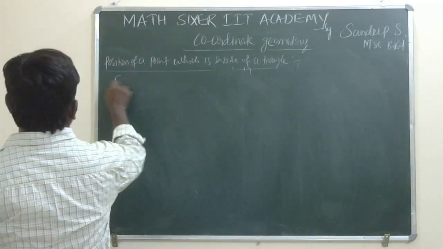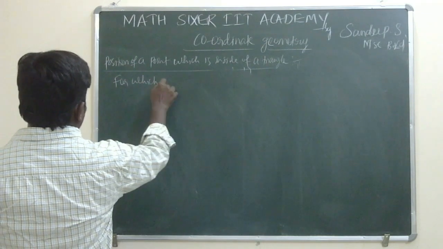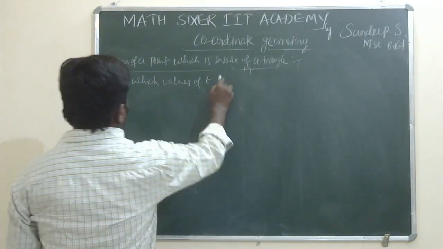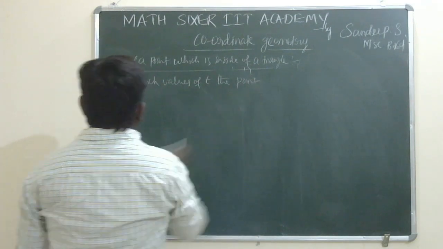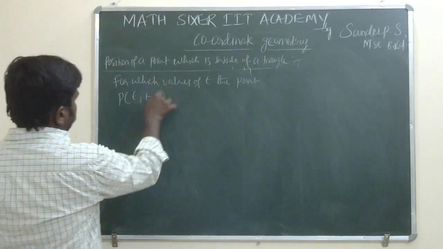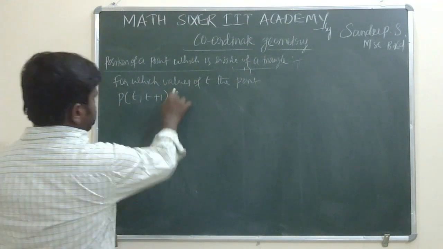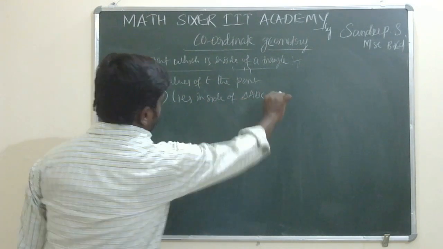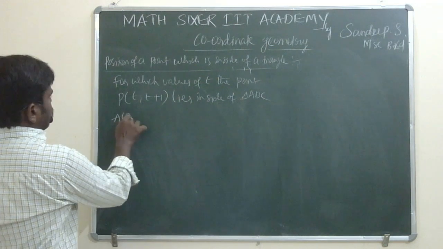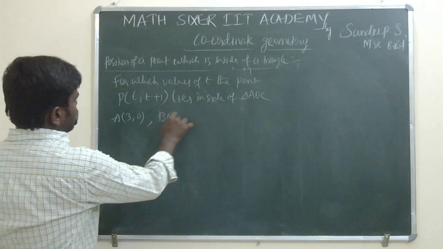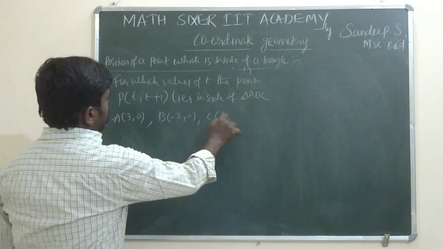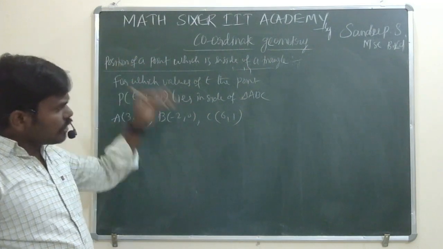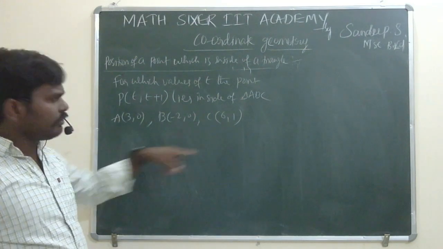For which values of t does the point P of t comma t plus 1 lie inside triangle ABC, where A is suppose 3 comma 0 and B is minus 2 comma 0 and C is suppose 6 comma 1. Okay, so for what values of t the point P lies inside of the triangle, that we have to find out.